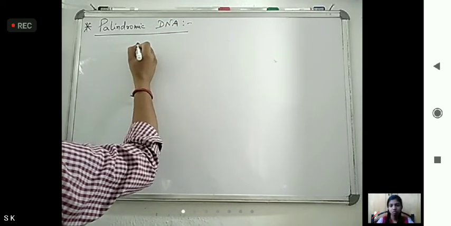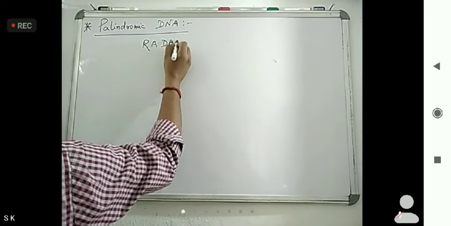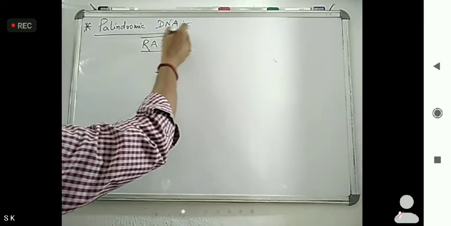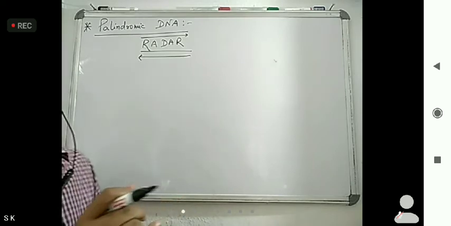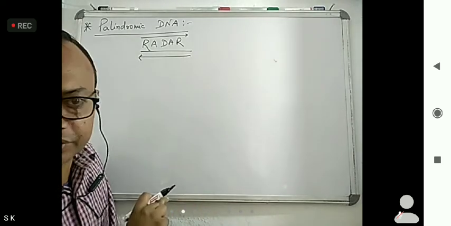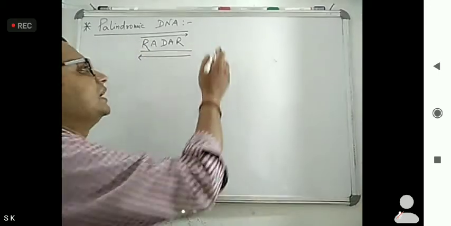Have you seen one word, just as an example, RADAR. If we read from this side or from this side, both read the same. So if forward and backward both have the same meaning, that is known as a palindrome.